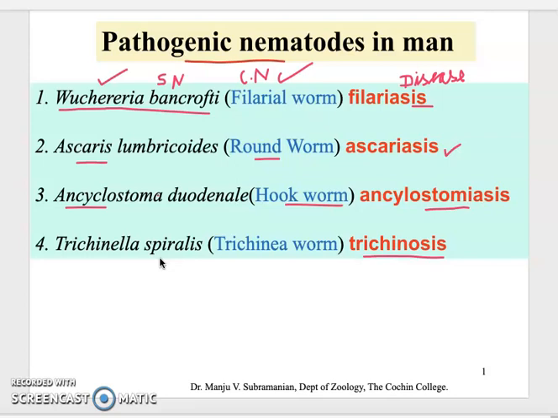We will point out these parasitic adaptations, and we will discuss them in detail in each of the nematode types that you have to study. First of all, since it is a parasite, it will have a thick cuticle. The thick cuticle is the first parasitic adaptation.